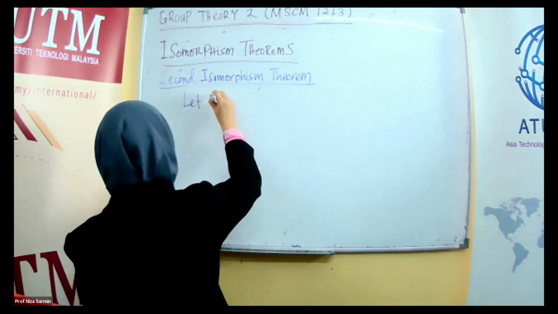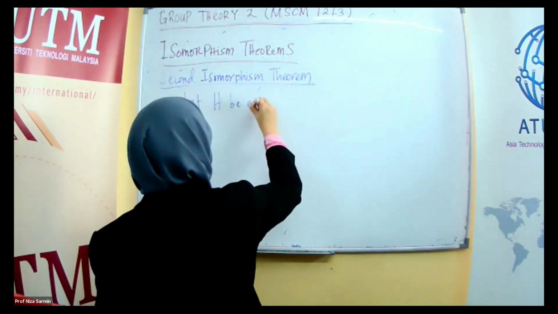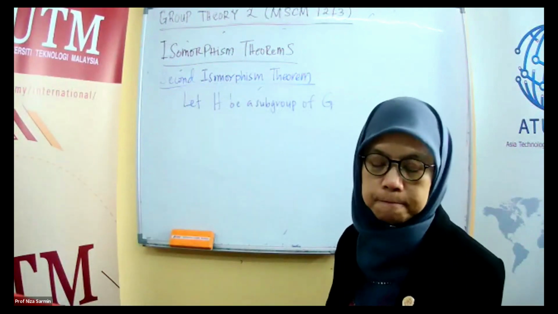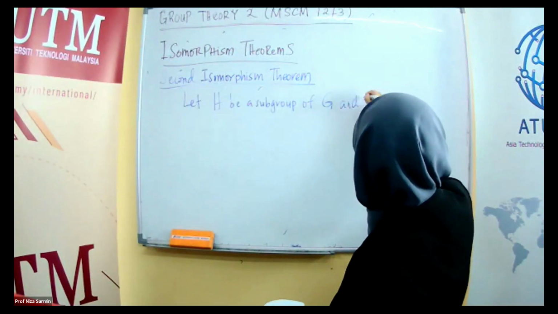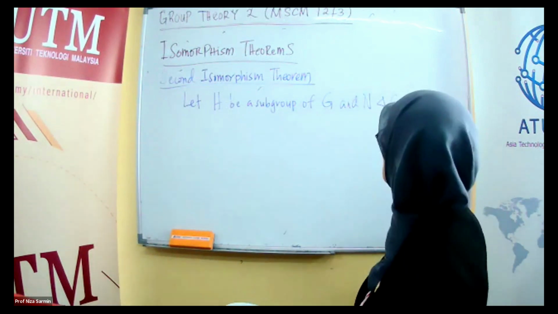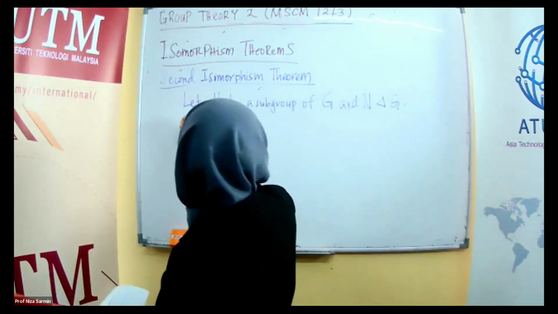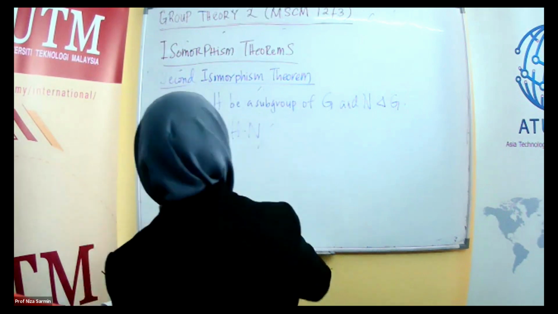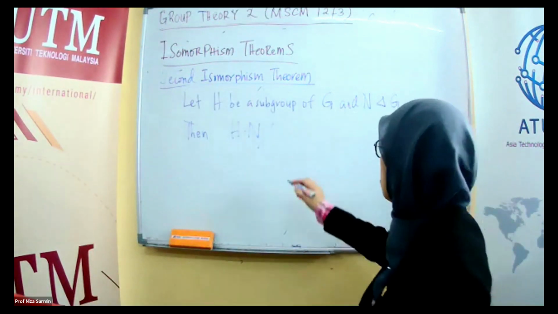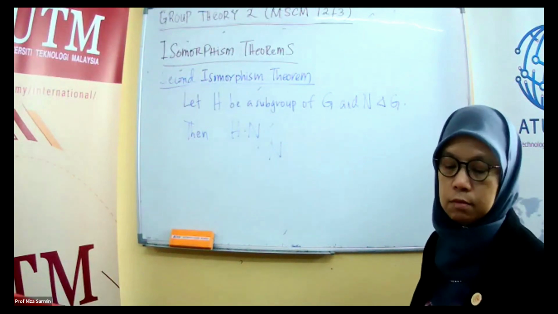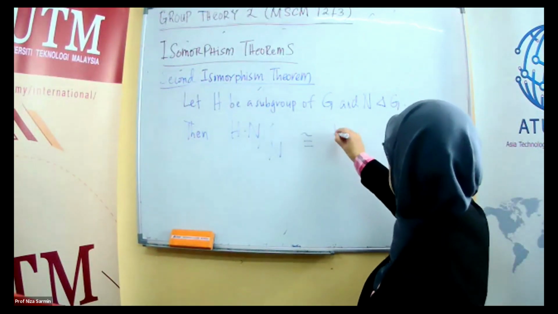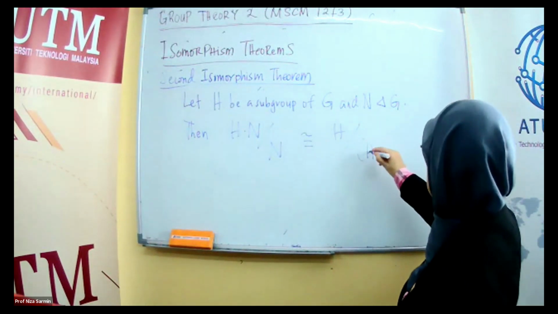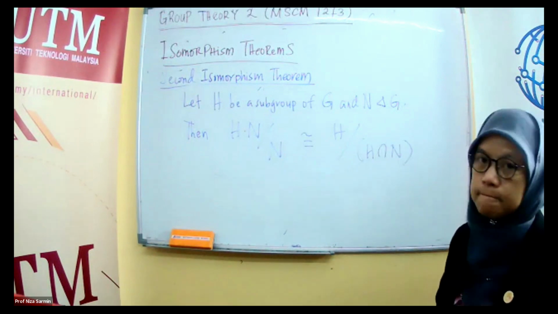Let H be a subgroup of the group G, and N normal in G. Then the product H dot N modulo N, the factor group, is isomorphic to the factor group of H modulo H intersect N.